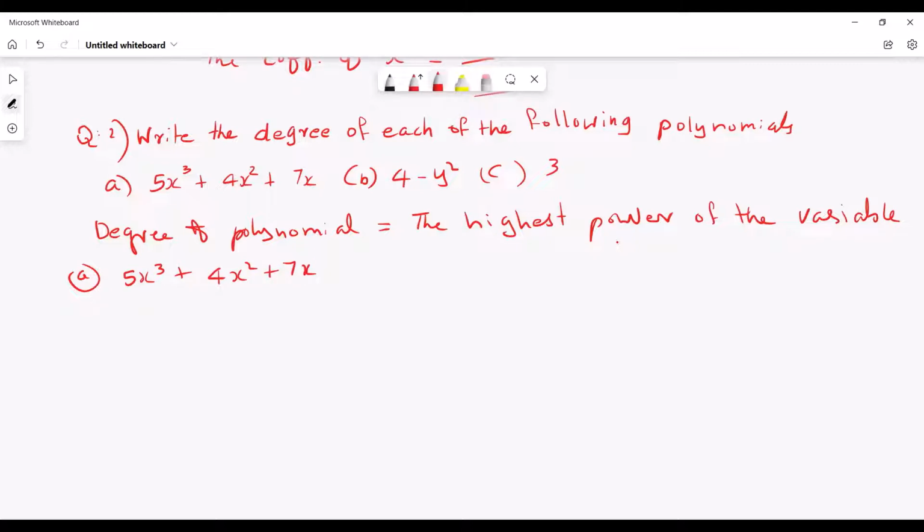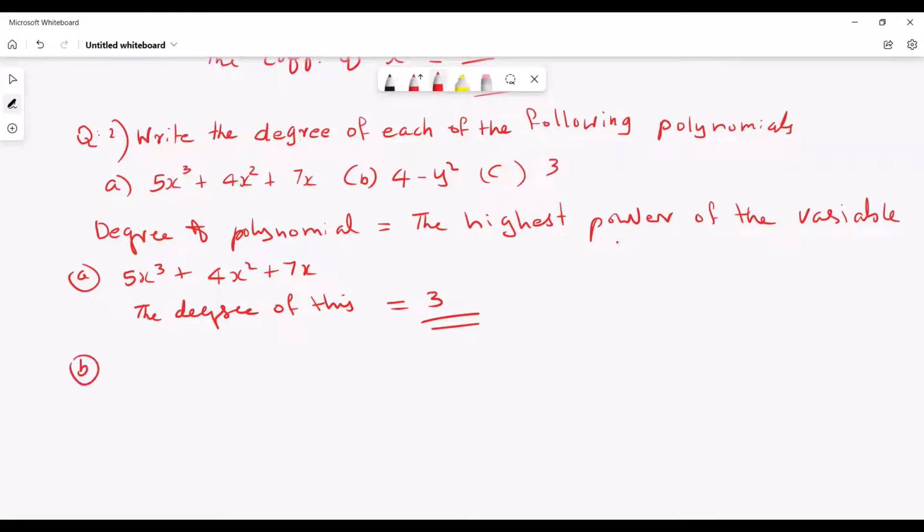Here the variable is x, and in the first term 5x cube the power is 3. In 4x square, the power is 2. In 7x, the power is 1. Out of 3, 2 and 1, we know the highest power is 3. So if the highest power is 3, then we can say the degree of this polynomial is equal to 3.